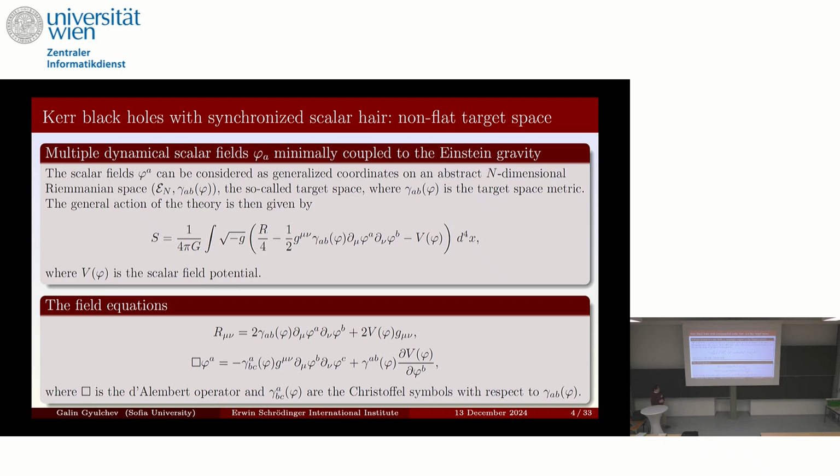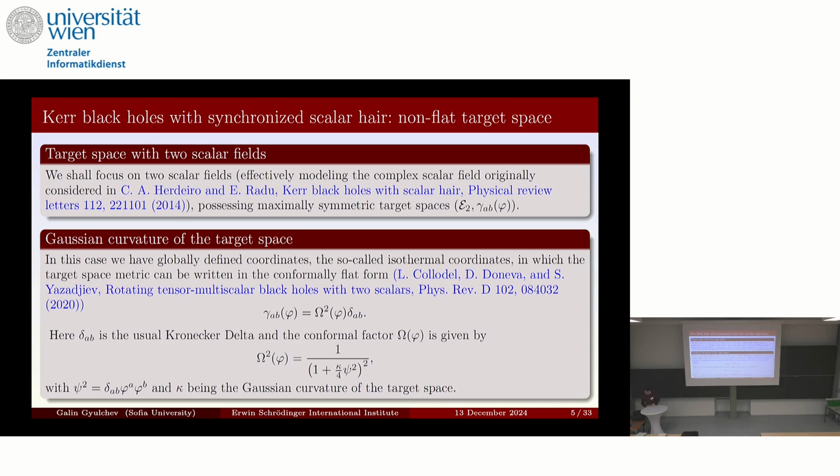This is the action of the theory, and because of these scalar fields, we can use some potential. We are going to consider a standard form of the potential. These are the Einstein equations, and these are the equations which govern the behavior of the scalar field.